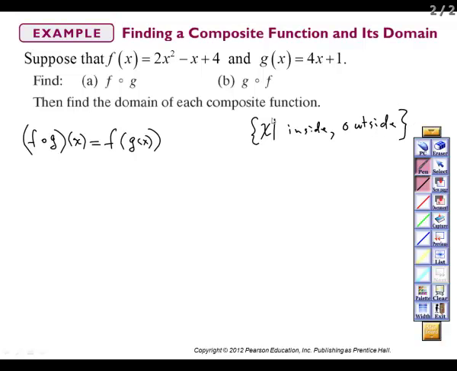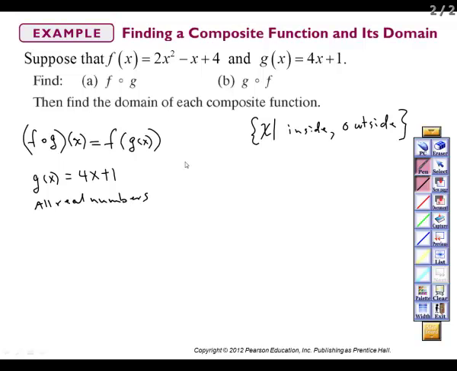Okay, so we're looking at the domain for g of x, which is 4x plus 1. And we know that's all real numbers.